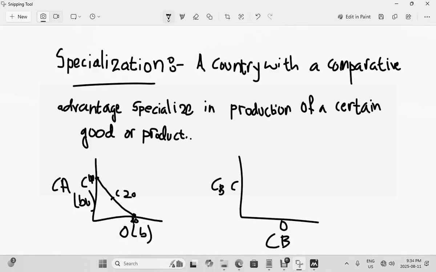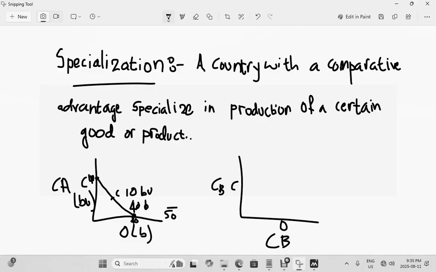And because it's getting 20 barrels of oil, it will now have 20 plus 20, 40 barrels of oil. So 40 plus 10, this is a total of 50 units altogether.